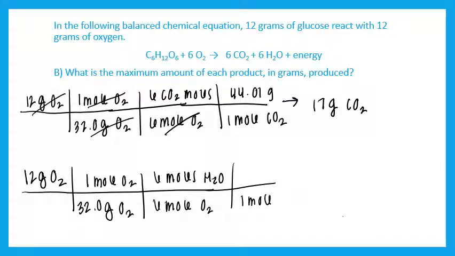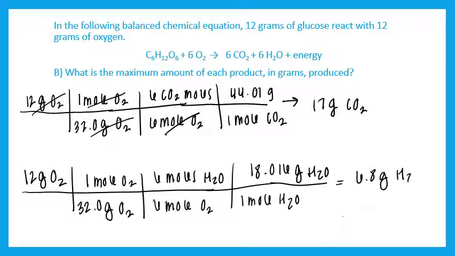However, if you're unable to see that, I think the easiest thing would be to start fresh each time, because that will kind of show you what it is that you're trying to do. So we get this one to be 6.8 grams of H2O, keeping in mind sig figs.